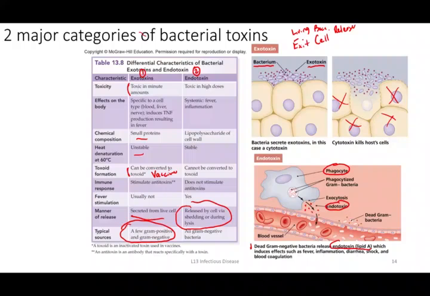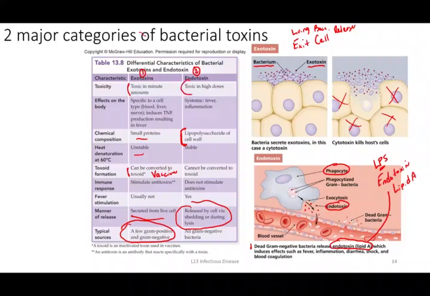So this is the first time in this lecture where we see this relationship of terms. So endotoxin, we can also call it lipid A, and it comes from this molecule that we learned about called lipopolysaccharide, or LPS. So those three terms, there's some differences between them, but for our purposes, they're intertwined. And so endotoxin is part of that lipopolysaccharide in the cell wall, and it can be released when the cell dies.